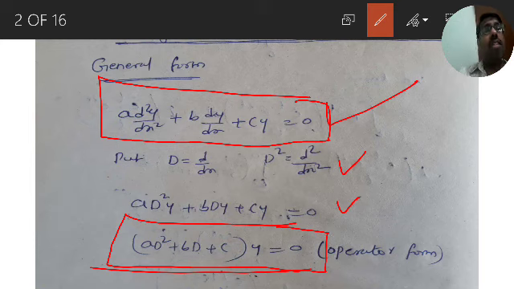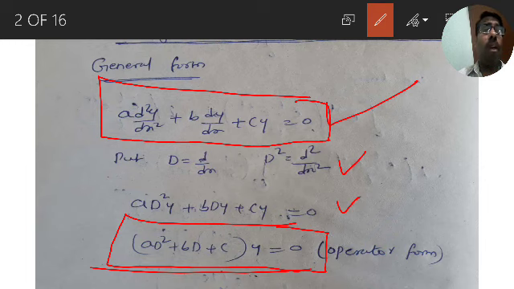Are you able to get it, guys? So today we are going to start how to solve homogeneous differential equations. Before that, in the first slide, what I am giving is the general form. The general form of the homogeneous second order linear differential equation with constant coefficients is a into d square y by dx square plus b into dy by dx plus cy is equal to 0.